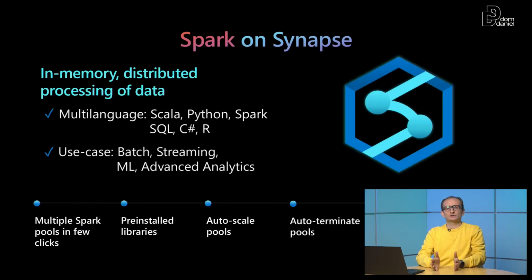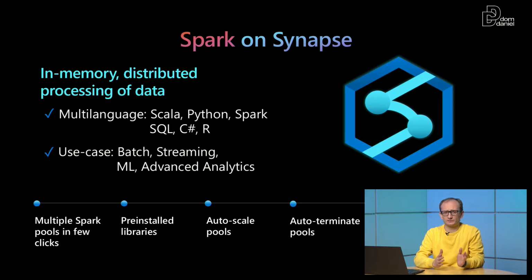Let's see what Synapse brings to the table with Spark. As we said, it's in-memory distributed processing of data. And here, as we have from Spark, Scala, Python, Spark SQL, we also have C# and R language, of course. And we have the same use cases.